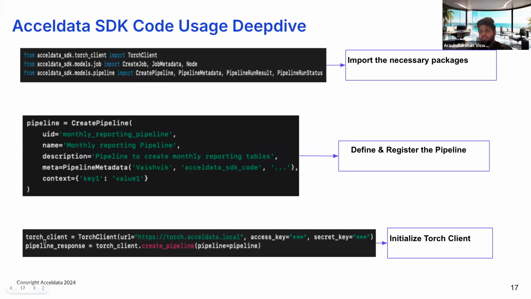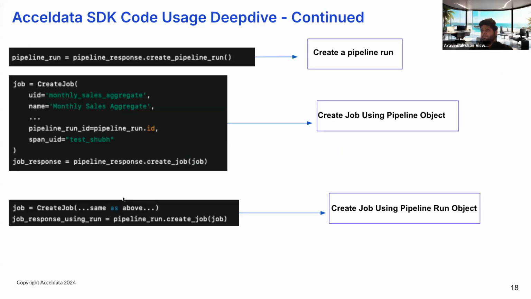And once the connectivity is established, we can create the pipeline by passing the payload that we have created. So this ensures the pipeline is created. And in the next step, once we have created a pipeline, we'll have to initiate the pipeline run. So please make sure that the pipeline run is initiated once the pipeline has been created.